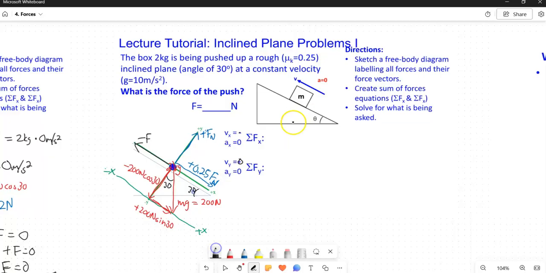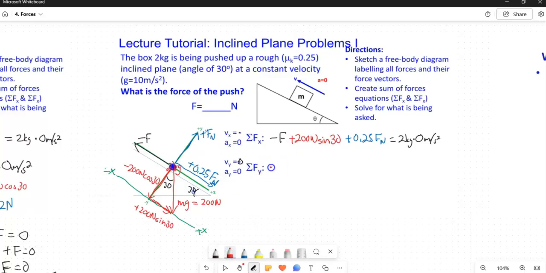So I see a negative F. I see a positive 200 newtons sine of 30 degrees, and I see our positive 0.25 times the normal force, which is going to be equal to 2 kilograms times 0 meters per second squared. That's the acceleration.